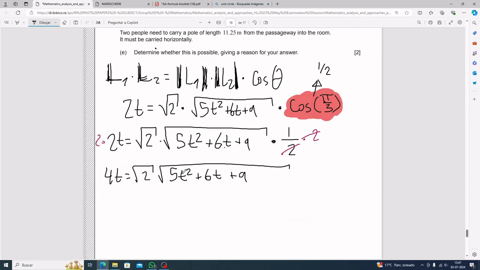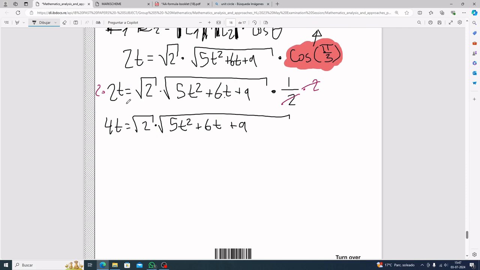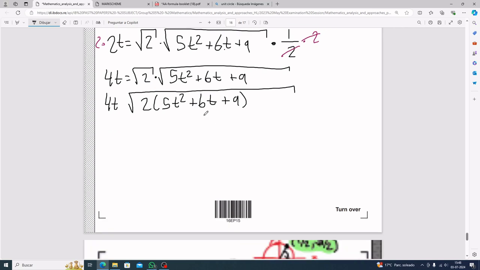So in this context, because you have square root 2 times this whole other thing, and the square roots are multiplying, this is very important, this is the same as rewriting it as quite simply the square root of 2 times the whole other thing. You can merge the two square roots together, but do it appropriately so that the 2 multiplies everything.